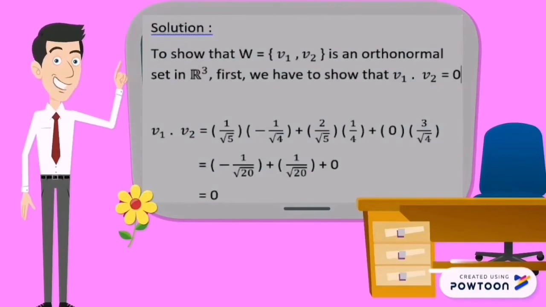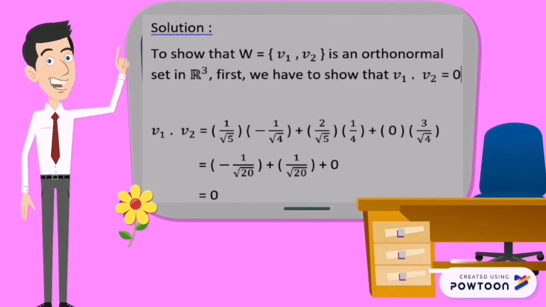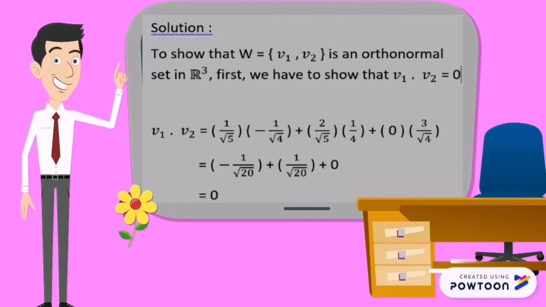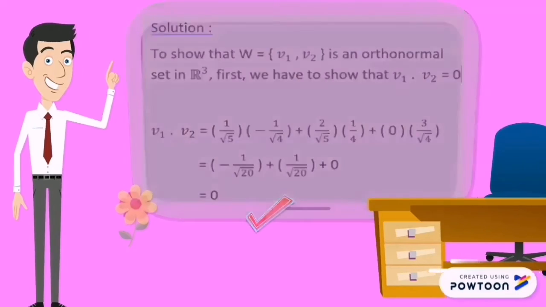To show that W equals V1, V2 is an orthonormal set in R to the power of 3, first we have to show that V1 times V2 is equal to 0. Here you can see, when we do the calculation for V1 times V2, we get 0. And here it's shown that V1 times V2 is equal to 0. So tick.